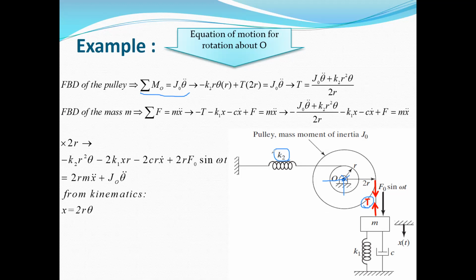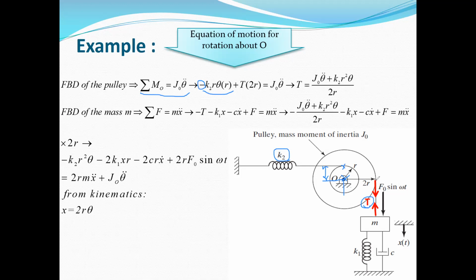So the moment equation is the force due to the spring K2. The force in the spring is K2 times the displacement of this point, which is r theta, multiplied by its arm, because we are calculating the moment about point O, so the arm is this length and it's equal to r. So this is the moment due to the spring with the stiffness K2, and we have a negative sign here, as you can see.